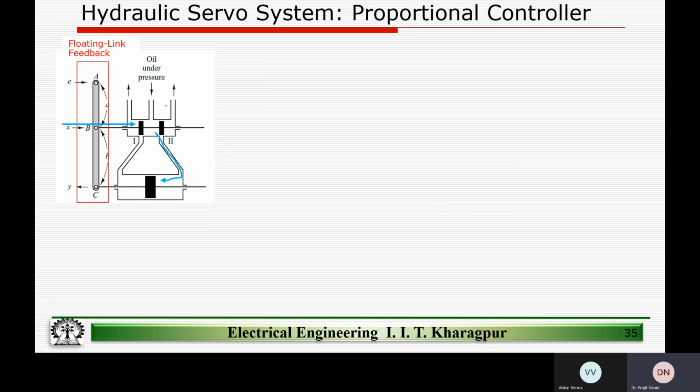Please note there is a slight difference from what we discussed in the previous case. Earlier, the channel was formed by the piston and the pressure that we saw here. Here, the structure is slightly different. The channel is formed at these ends here. So when we move the piston from left to right, we are opening up this channel.